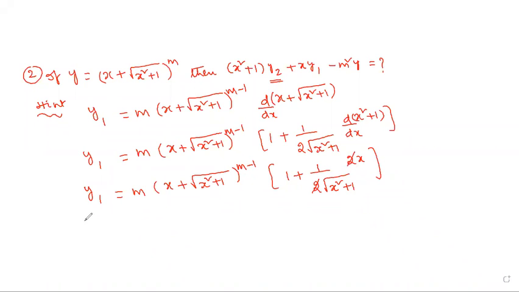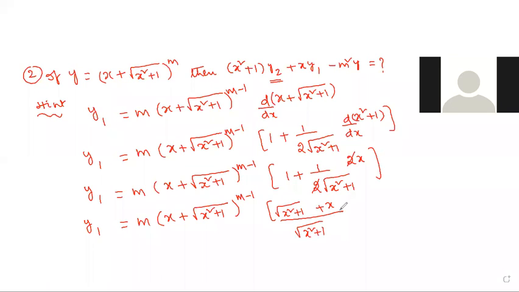Take LCM: root over x square plus 1 plus x, denominator is root over x square plus 1.